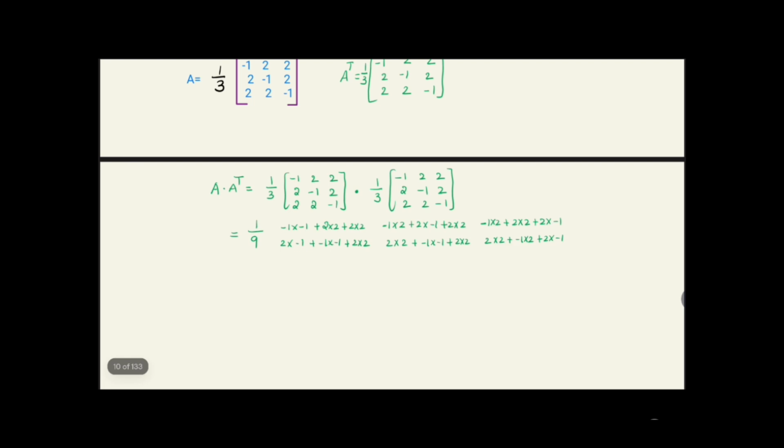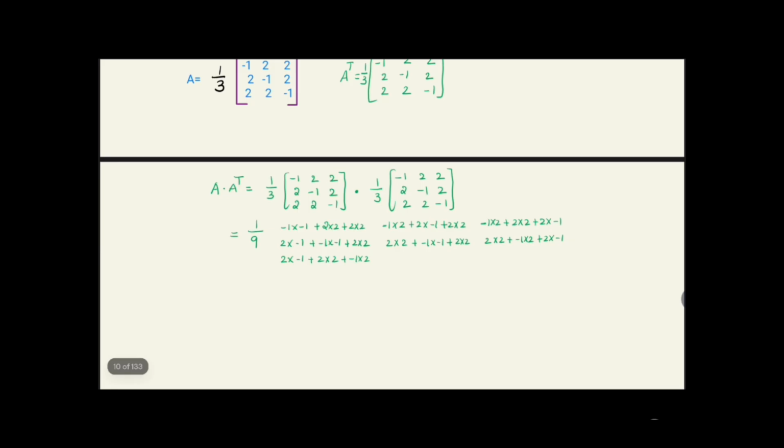Now, to get the third row, I make use of the third row with first column, third row with second column, and third row with third column. First, third row, first column: 2 into minus 1, don't get confused students, plus 2 into 2 plus minus 1 into 2.